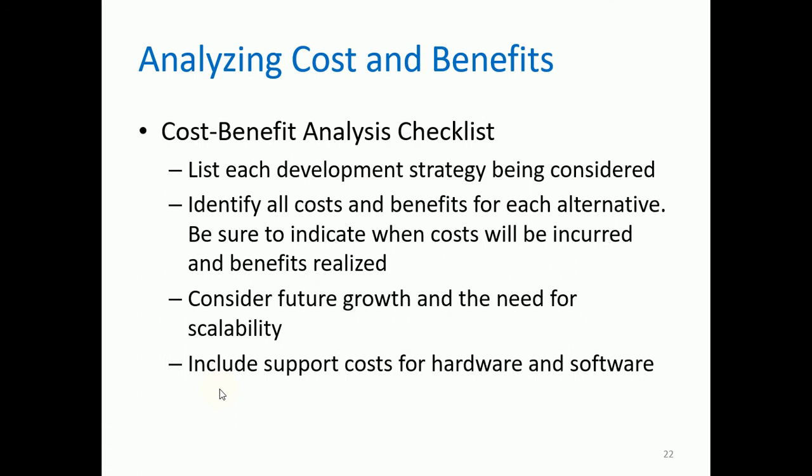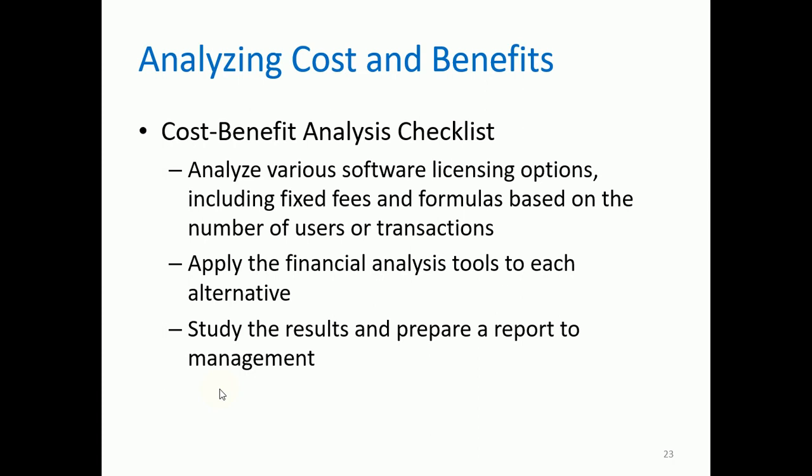Include support costs for hardware and software. And then analyze various software licensing options, including fixed fees and formulas based on the number of users or transactions. So we have, of course, the fixed fee, the usage model, and the subscription model. And then apply the financial analysis tools to each alternative, study the results, and prepare a report to management.